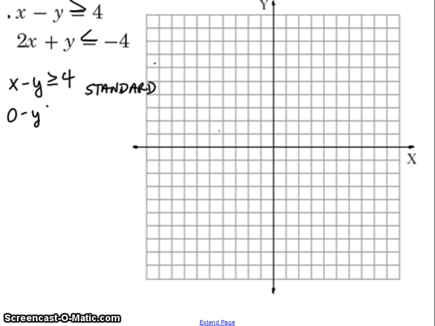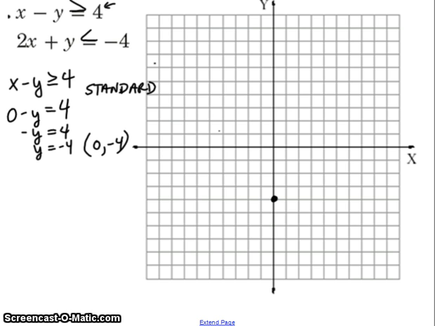I'm going to change this to equals just for graphing sake. So I get negative y equals 4, so y equals negative 4. My first point is at 0, negative 4 for this line.